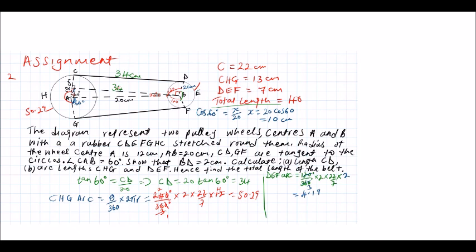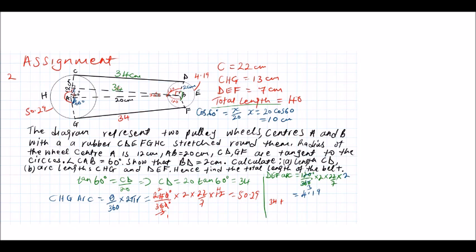Is that correct? 88 divided by 21 is 4.190. We can leave it to 2 decimal places. Now we can say this length is 4.19. So the last part of this is hence find the total length.